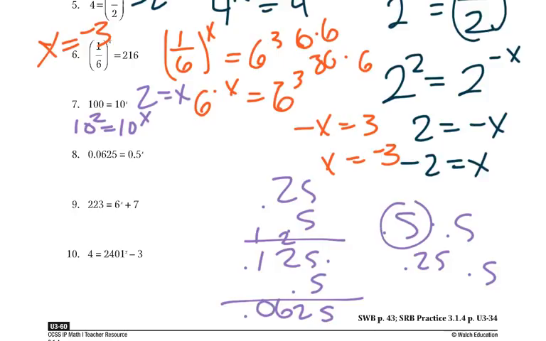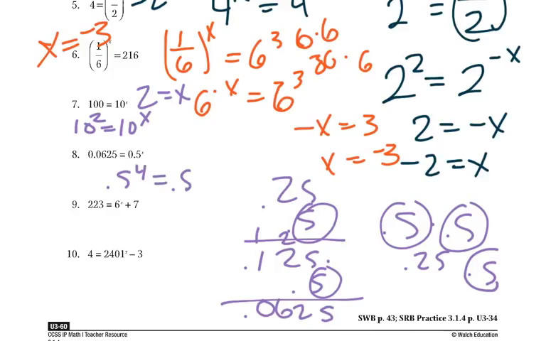So it's 1, 2, 3, 4. So it'd be 0.5 to the fourth equals 0.5 to the x, so 4 equals x.